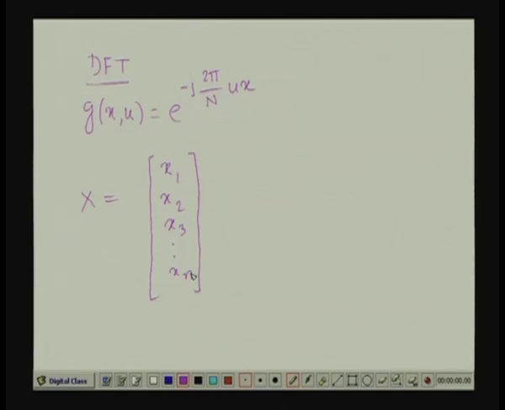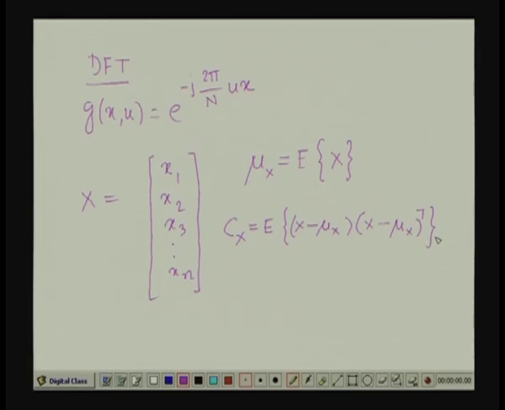Now, given such a population of vectors x, we can find the mean vector mu x, which is the expectation value of this vector population x. Similarly, we can find the covariance matrix Cx, which is given by the expectation value of (x minus the mean vector mu x) into (x minus mu x) transpose.